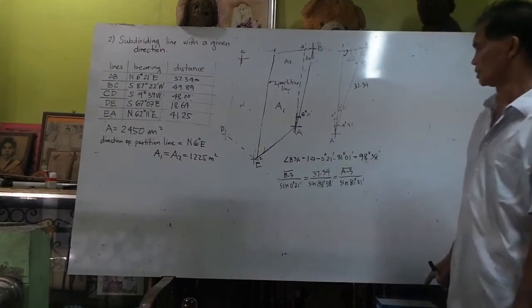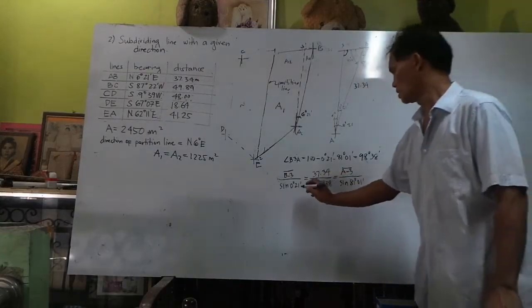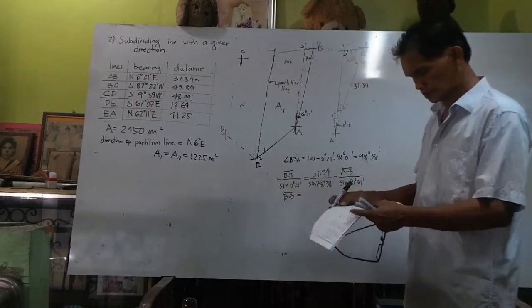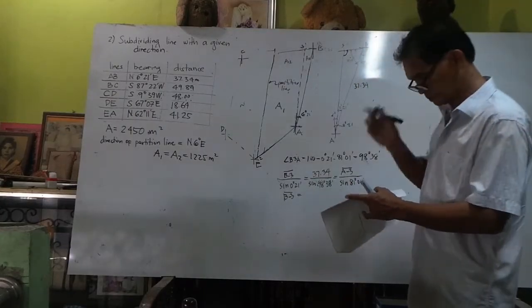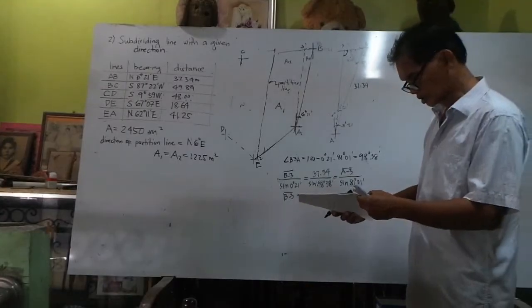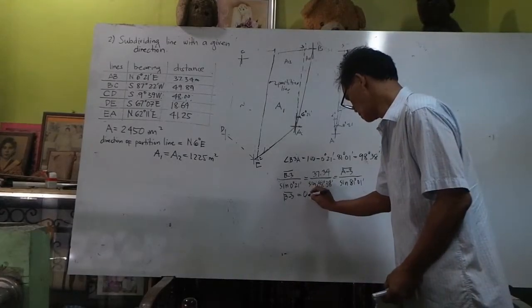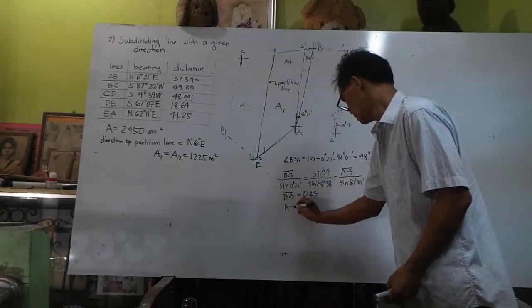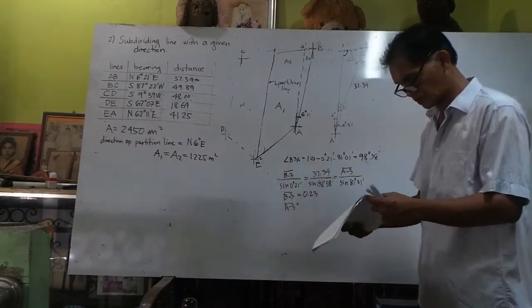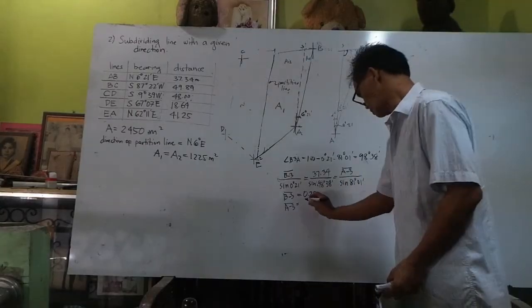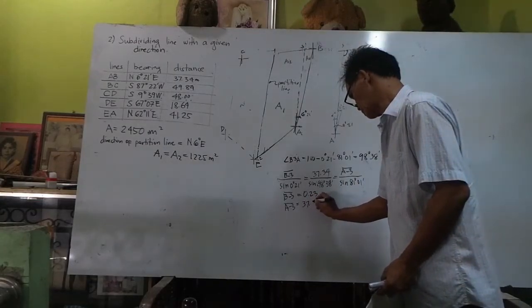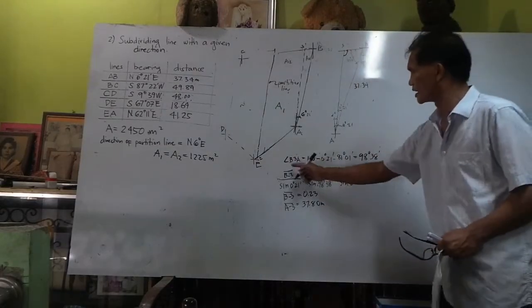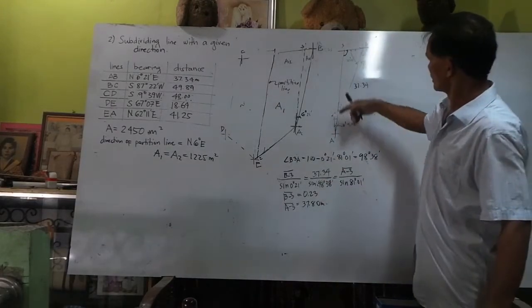So, we have this equation. Your B3 is equal to 0.23, while line A3 equals 37.8. That's the answer.